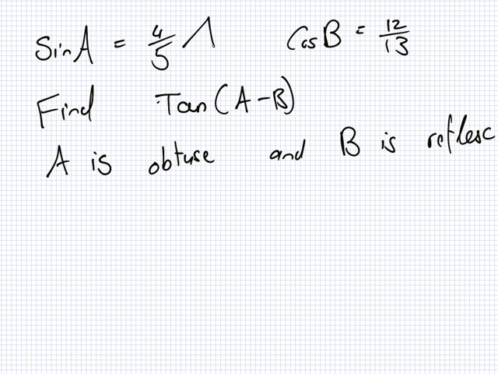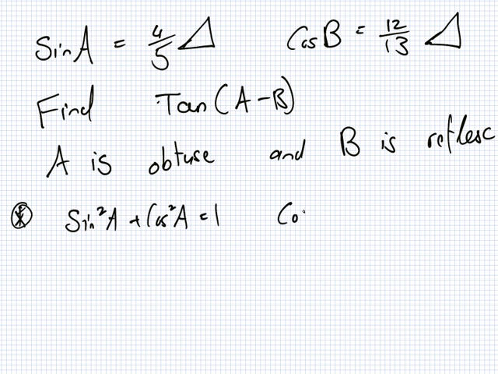You draw your triangle and you draw your triangle, but there is another way to do this one, because you can actually also say sine squared A plus cos squared A equals 1. So that means cos A would be square root of 1 minus 16 over 25, which is 3 over 5.